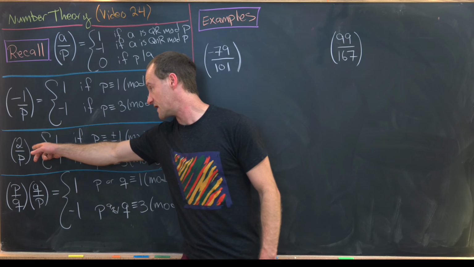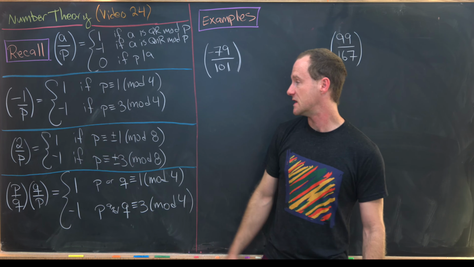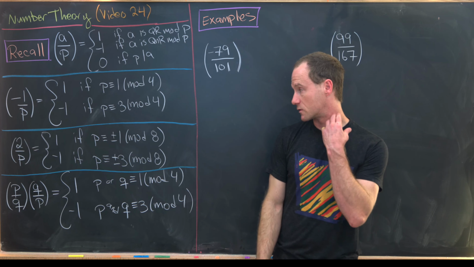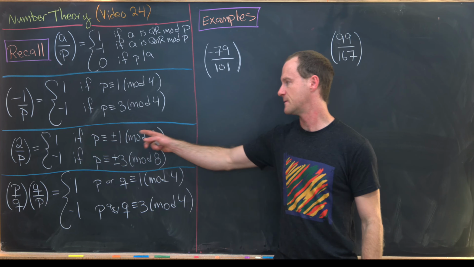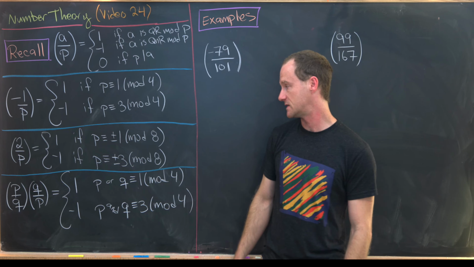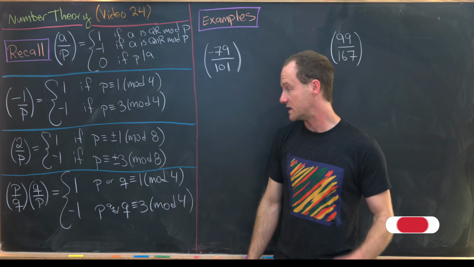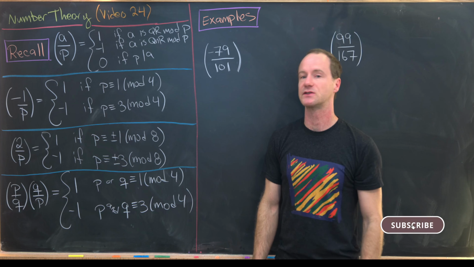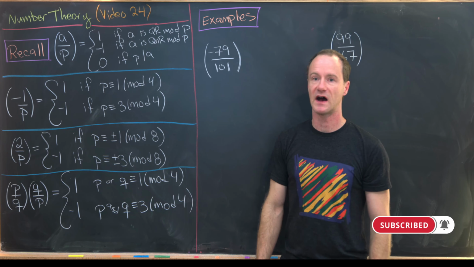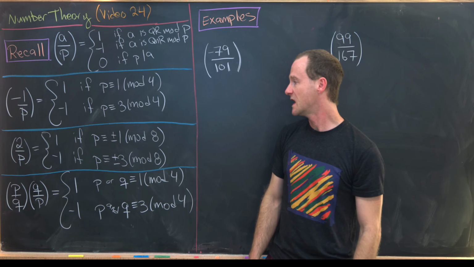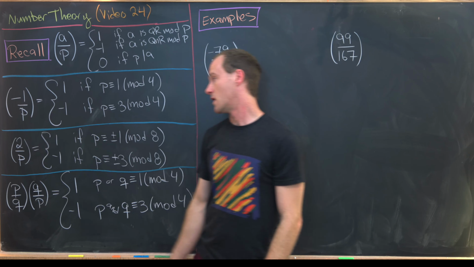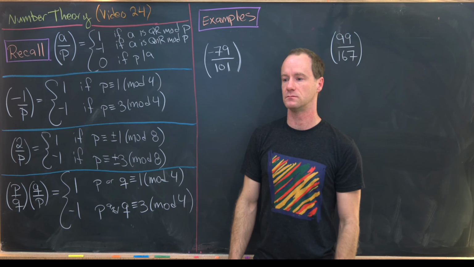Furthermore, we proved that 2 by P is 1 if P is congruent to ±1 mod 8. That's 1 or 7 mod 8. And it's -1 if P is congruent to ±3 mod 8. So that's 3 or 5 mod 8.